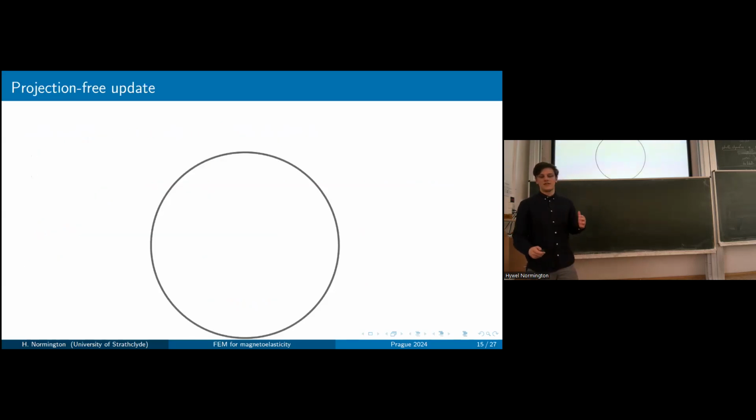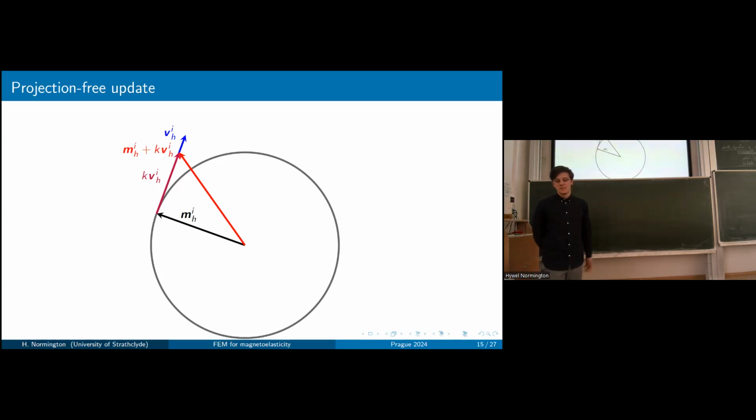Now, just to try and get an idea of what this projection-free method actually does, we begin with an approximation m^i, and this happily lies on the sphere. We then search for an update v, and then scale it appropriately. And then we add them together, and now we can see we're no longer on the sphere, which is, we think, a bad thing, but as I mentioned, we have this unit length constraint error term, which we can show is sufficiently small.